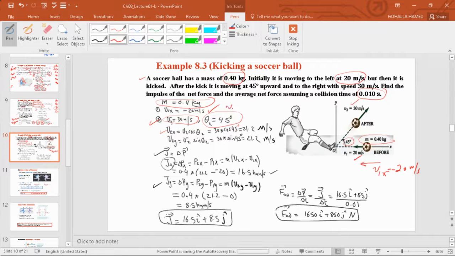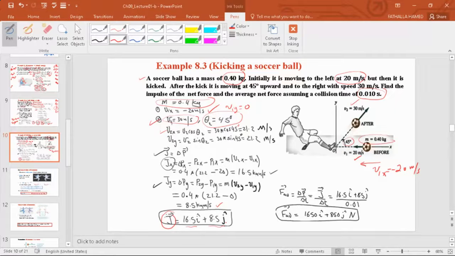You can say that here v1y should equal 0 because it doesn't have a y component. And this will give you 8.5 kilogram meter per second. So your impulse now as a vector has 16.5 i hat, that's the x component, and 8.5 j hat, and that's the y component. Now you can get the magnitude here as well if you like.